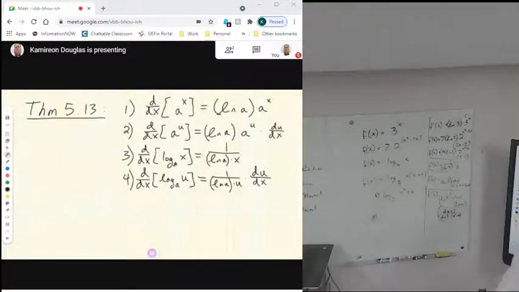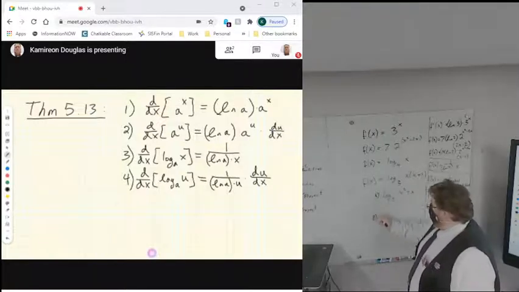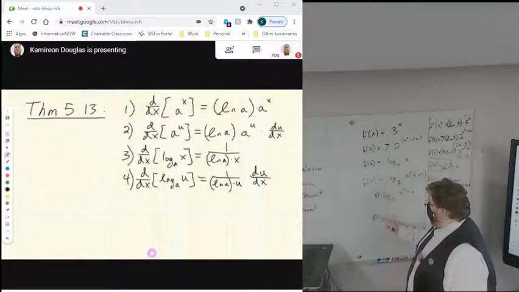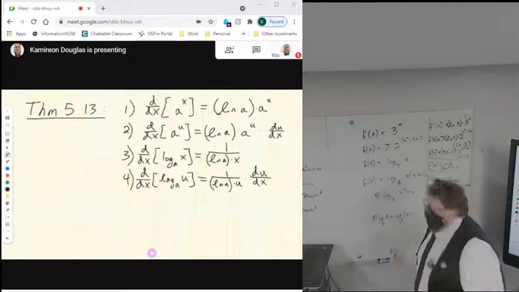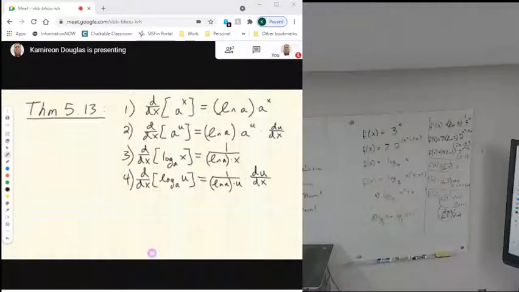Log base 3 of x times x plus 1. Split it into two logs. This will become log base 3 of x plus log base 3 of x plus 1. Remember, multiplication becomes addition. Now, each of these is much simpler to do.